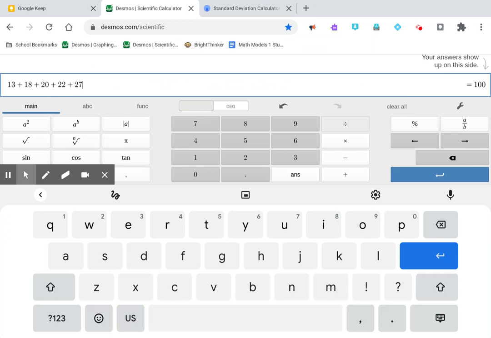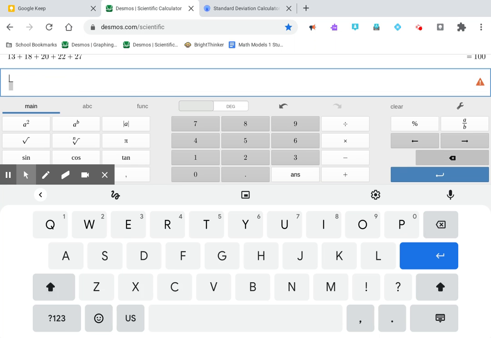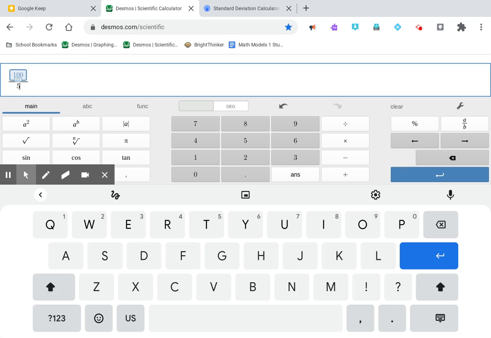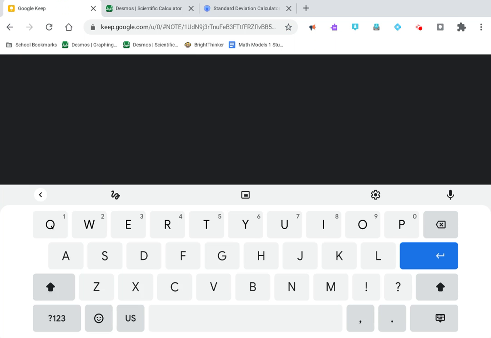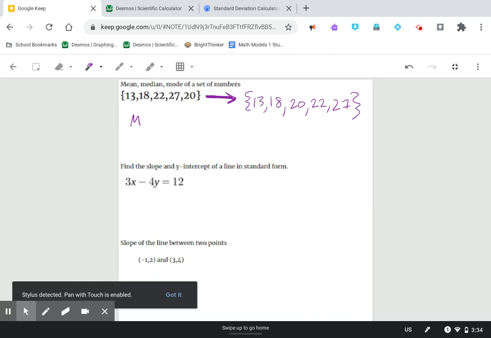We get 100 divided by 5. Answer divided by 5 gives us 20. So that tells us right away that the mean is equal to 20.